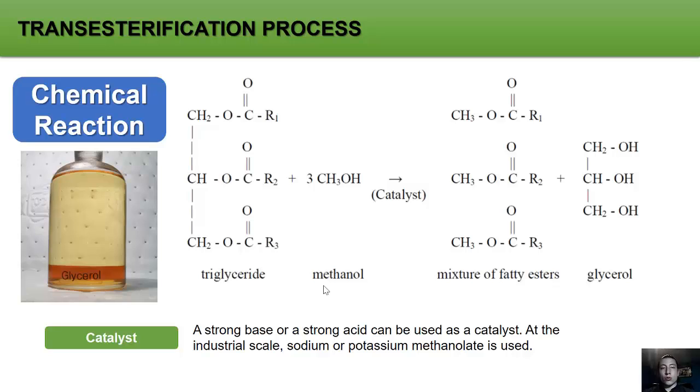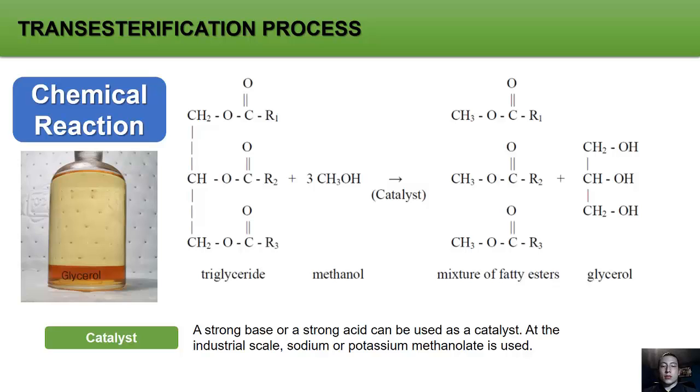One way to produce biodiesel from palm oil is the transesterification process. This is a chemical reaction. First of all, we have vegetable oil, like triglyceride, plus methanol and a catalyst.